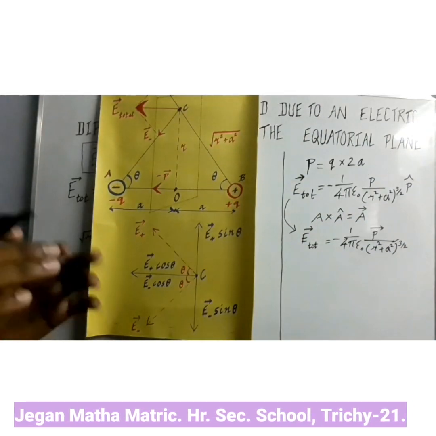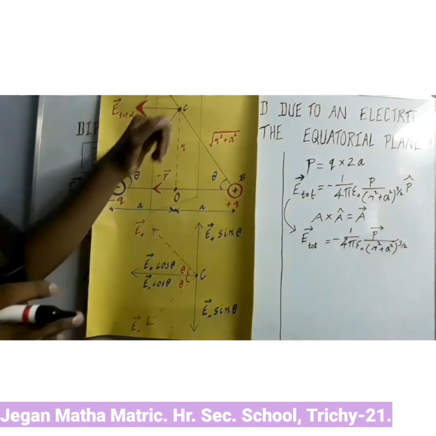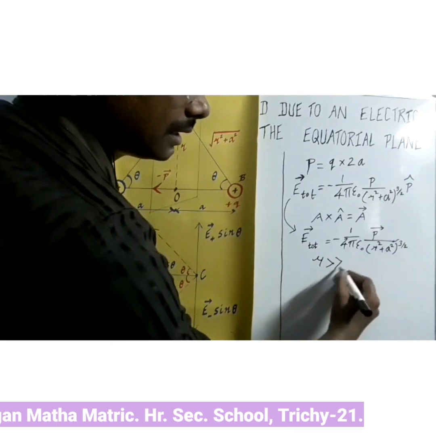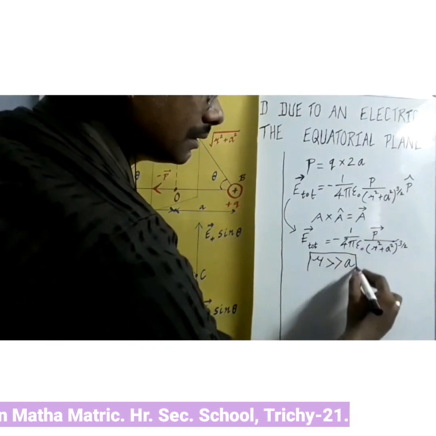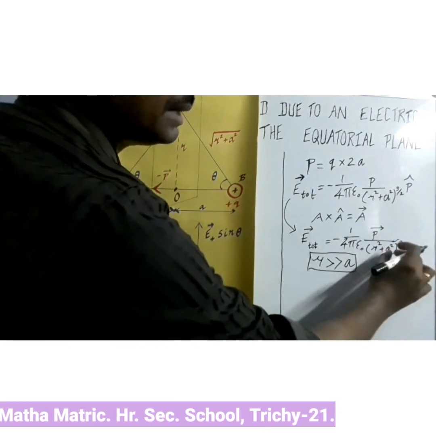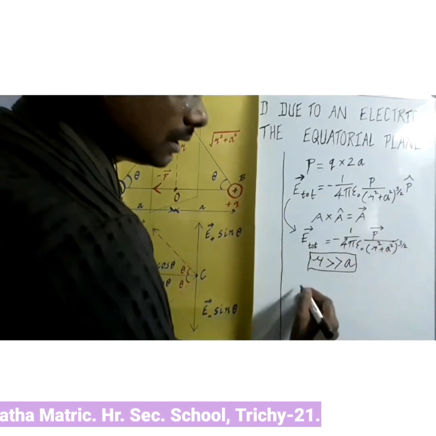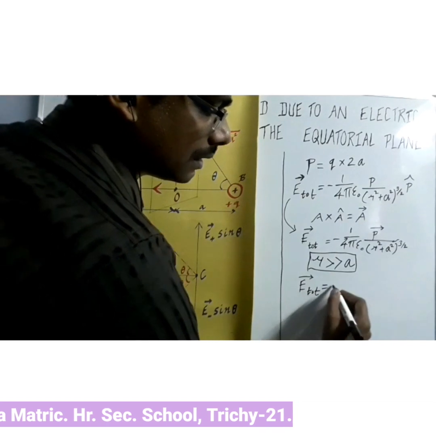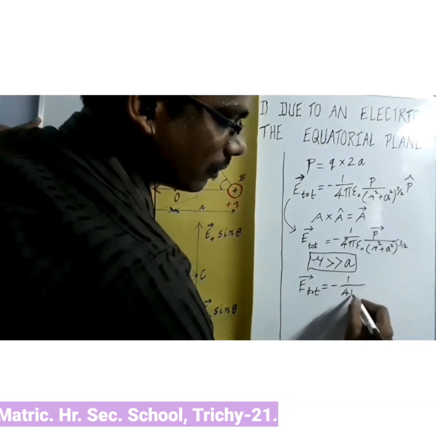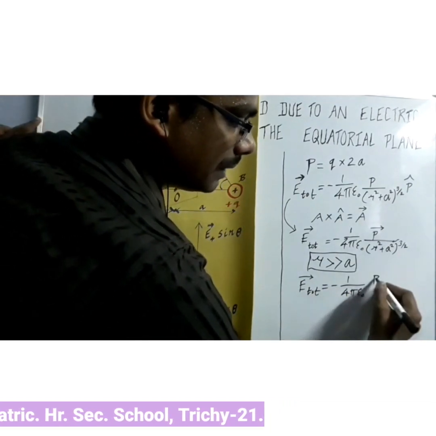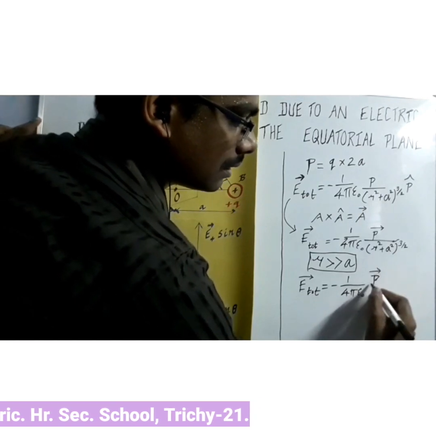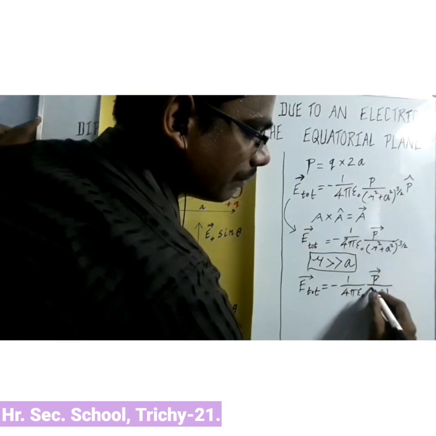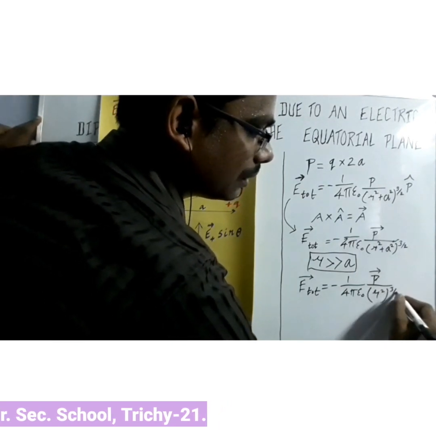At a very large distance, that means r is very much greater than a, then a square can be neglected in this expression. So the total electric field is equal to minus 1 by 4 pi epsilon naught P vector divided by r square power 3 by 2, with a neglected.